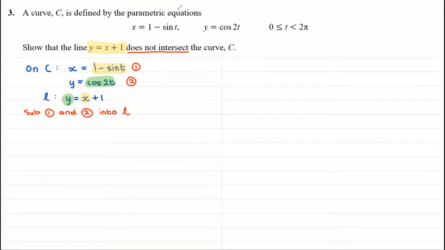So on the left-hand side, I'm going to have cos of 2t, and that's going to be equal to x plus 1. Now, x is, of course, 1 subtract sine t. And then obviously there's 1 added on.